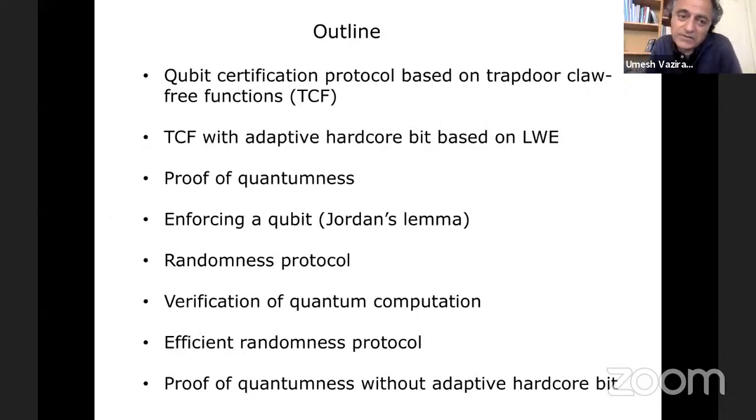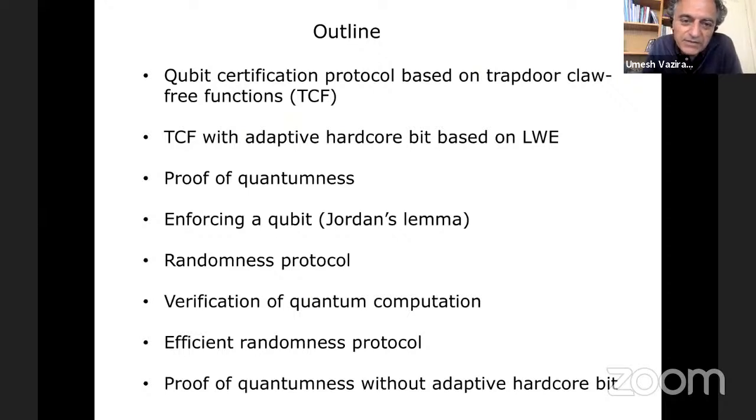Okay, so now let me describe to you the outline of this tutorial. First I'll show you the very basic protocol, which is called the qubit certification protocol, which is based on trapdoor claw-free functions. And this is in the setting of a classical verifier interacting with a polynomial time-bounded quantum computer, or quantum prover.